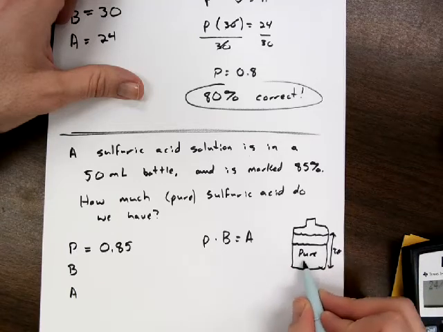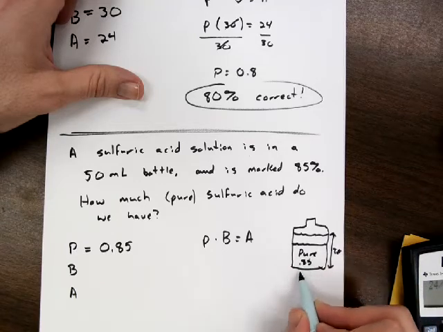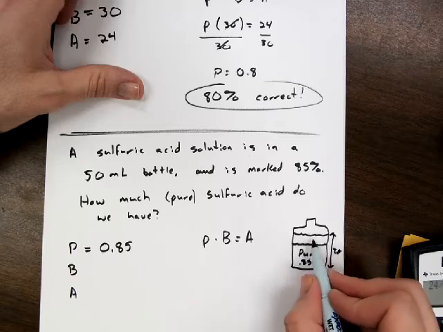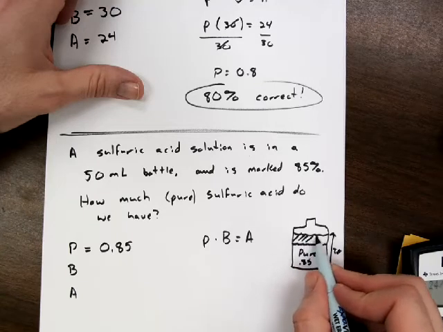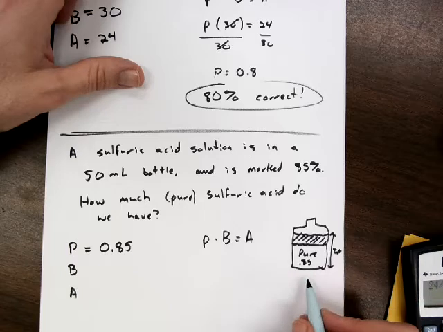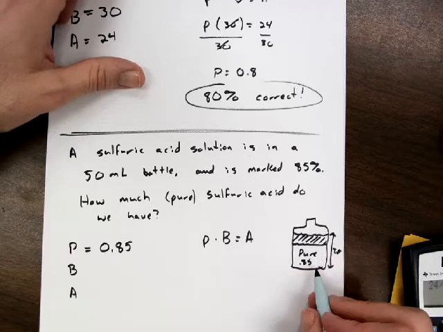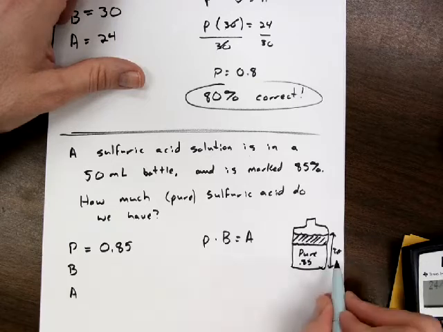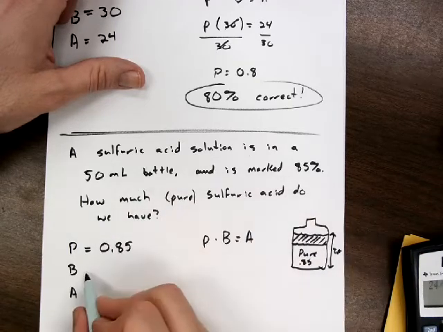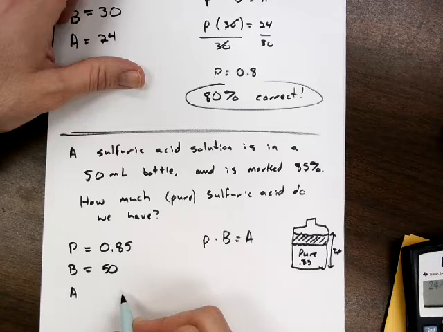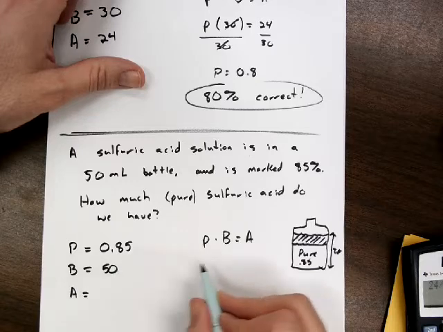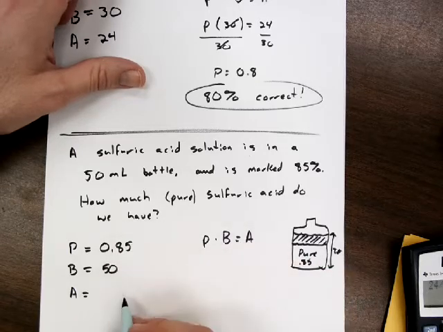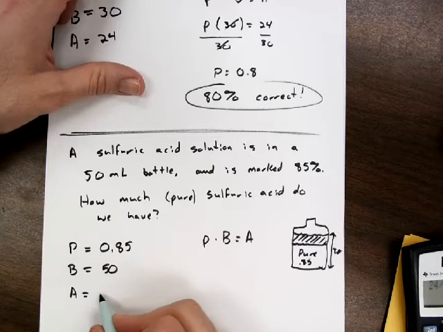And here, this is going to be 85% pure, which means I'm going to have some other filler. It might be water or some other neutral substance. So whatever total we have, in this case it's going to be 50 milliliters. And our amount, we're looking for that pure acid. Okay, well, our amount is unknown.